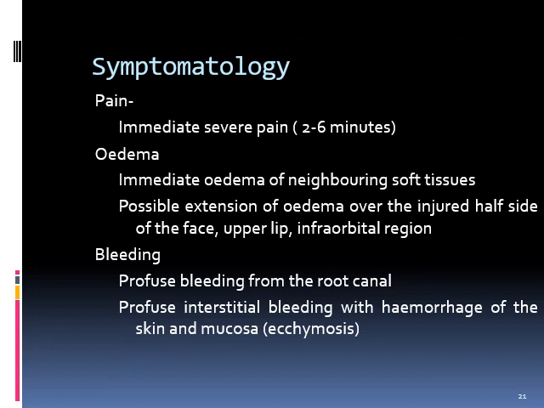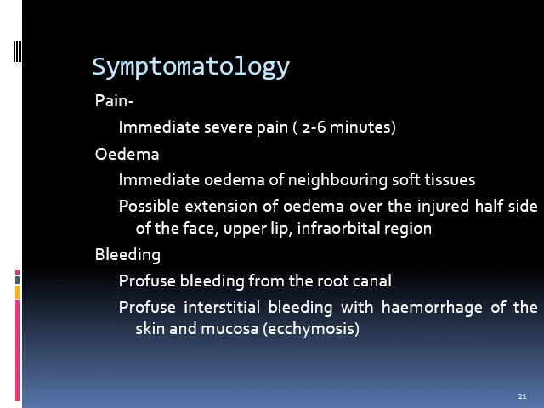Let's see the various symptoms. First is pain: immediate severe pain in 2 to 6 minutes. After that, immediate edema of the neighboring soft tissues happens. Possible extension of edema over the injured half side of the face, upper lip, or infraorbital region is possible.